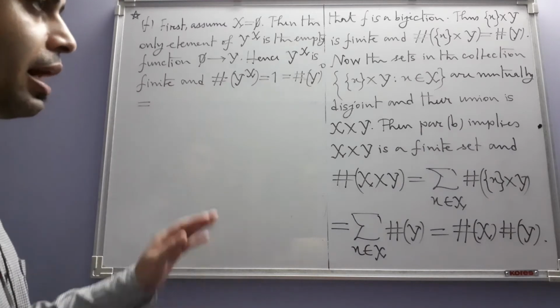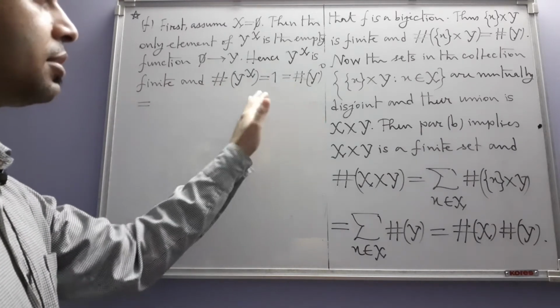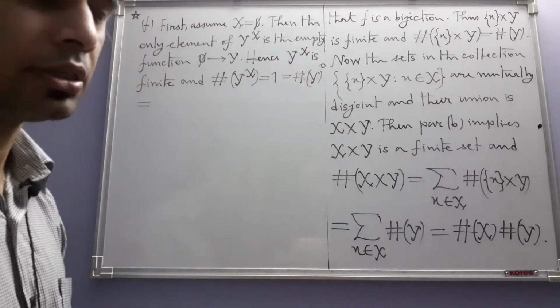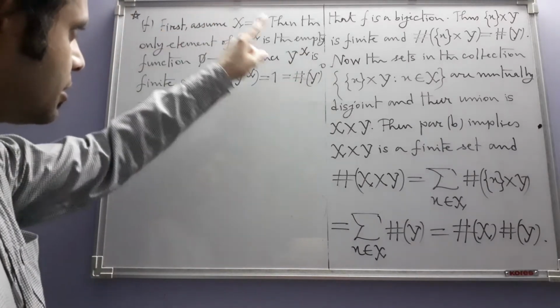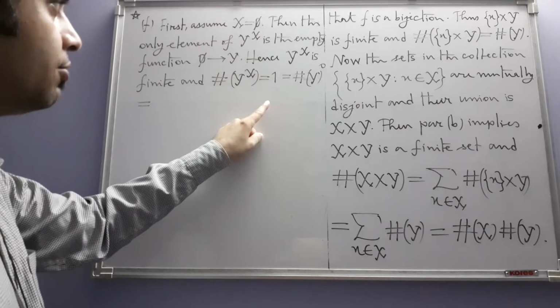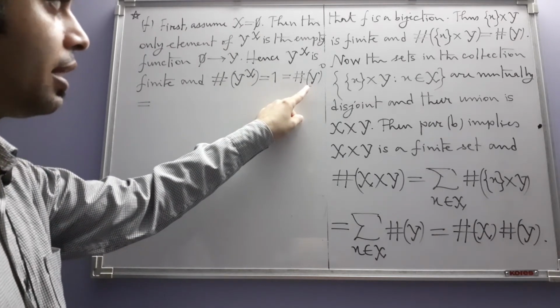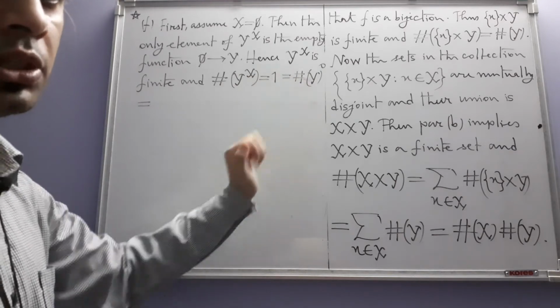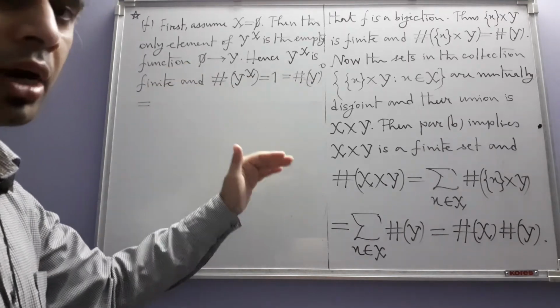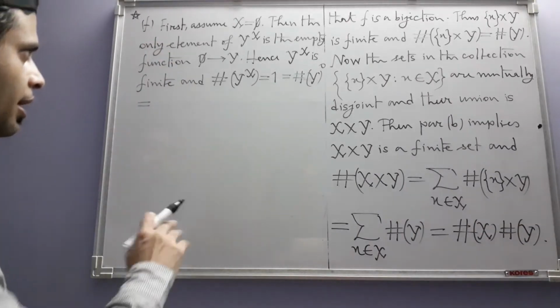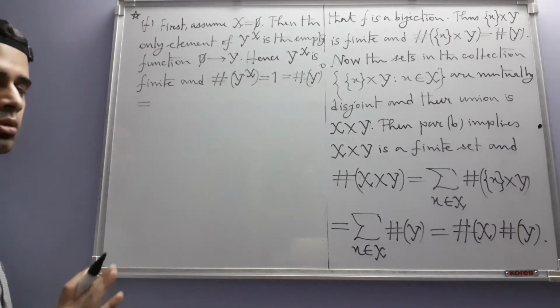Okay, you may ask me what happens if we choose to not define 0 to the power 0. Then in stating this part f, you have to carefully say that x and y simultaneously cannot be the empty set. So that should be a part of the statement of this part f. Now however, we do not have to bother about those things.